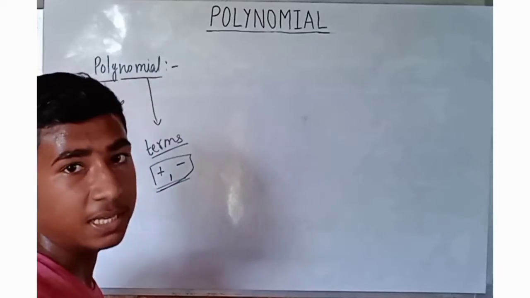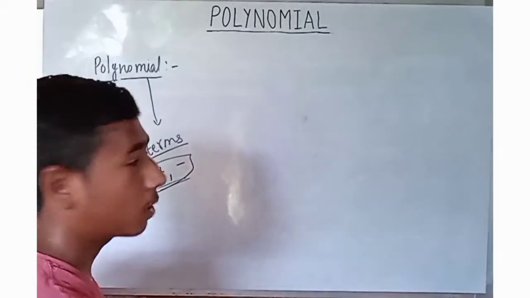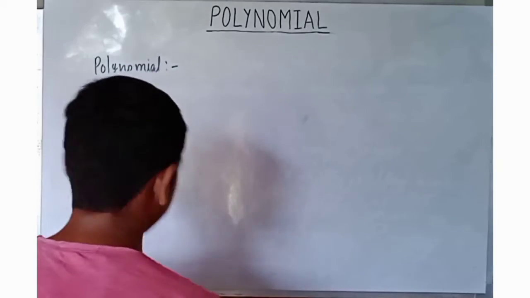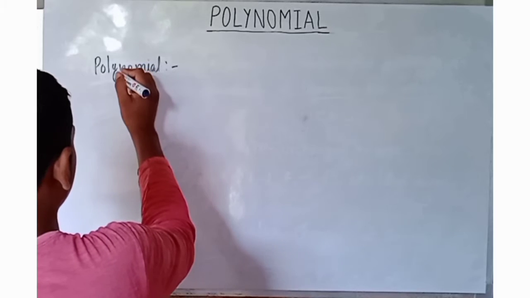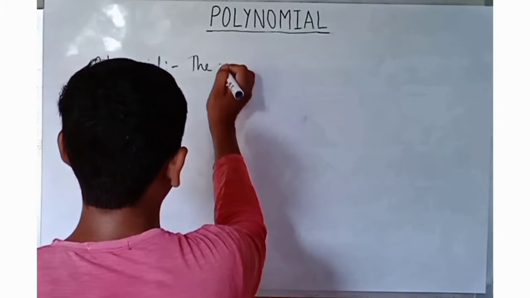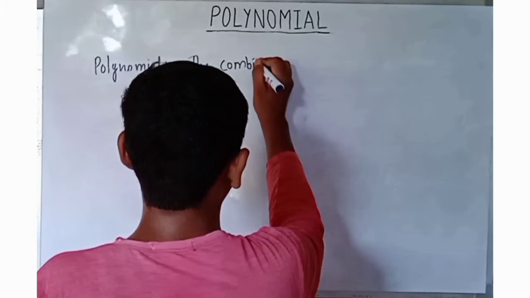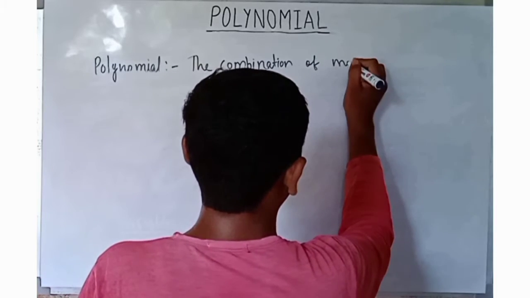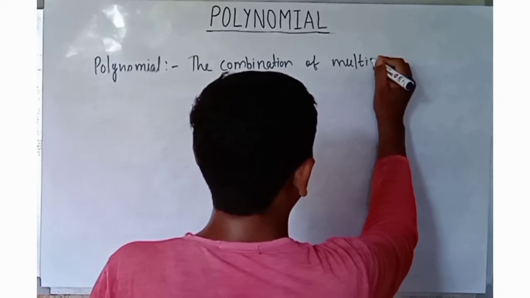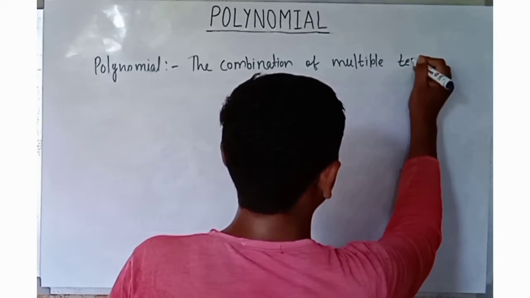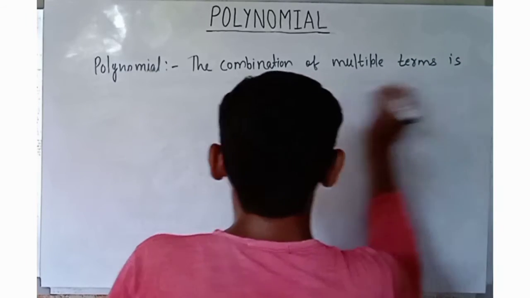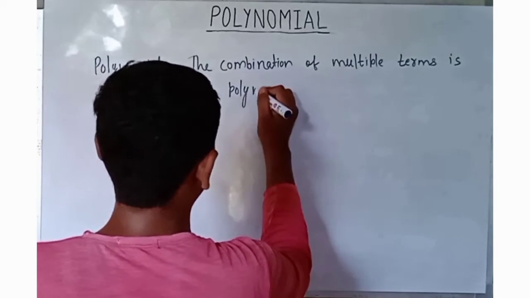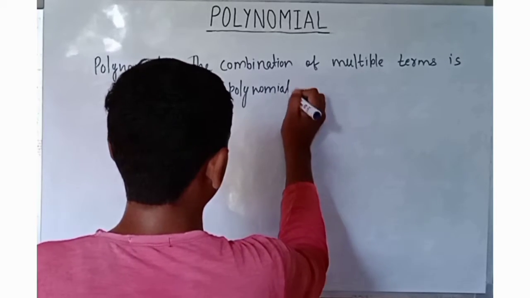So the combination of multiple terms is called a polynomial.